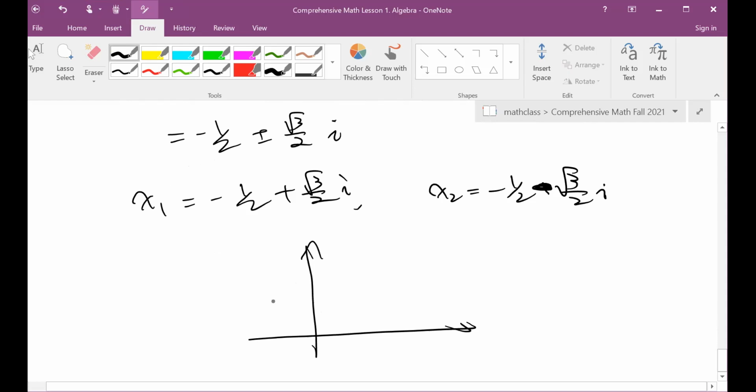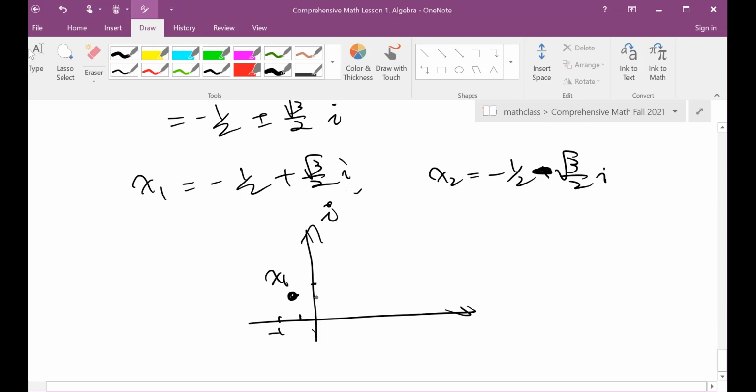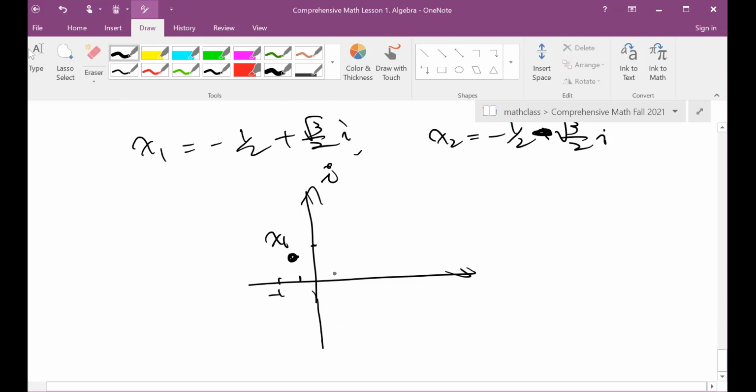Every number corresponds to a point in the two-dimensional plane. I call this one i, which is the imaginary axis, and this is the real number axis. So -1/2. Where's -1/2? Here's -1, -1/2 here, and square root of 3 over 2 somewhere here. So this is my x1. Where's another point? Another point will be negative square root of 3 over 2. So another point is here. That's x2. Okay. Got it?